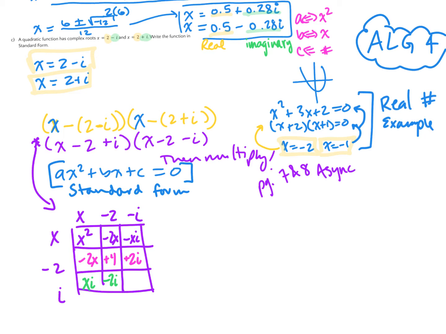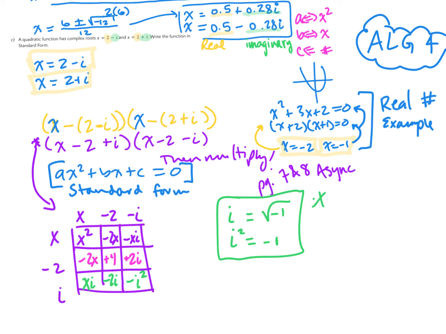Negative 2i. Negative i squared. But remember that i squared equals negative 1. Oops, I said the square root, backwards. i squared equals negative 1. Okay, that was close.